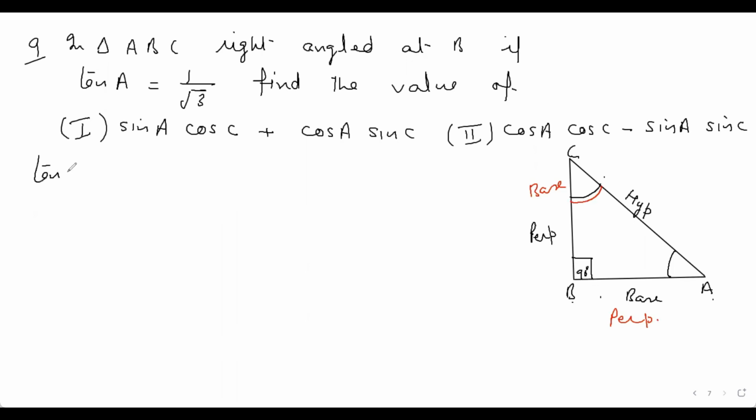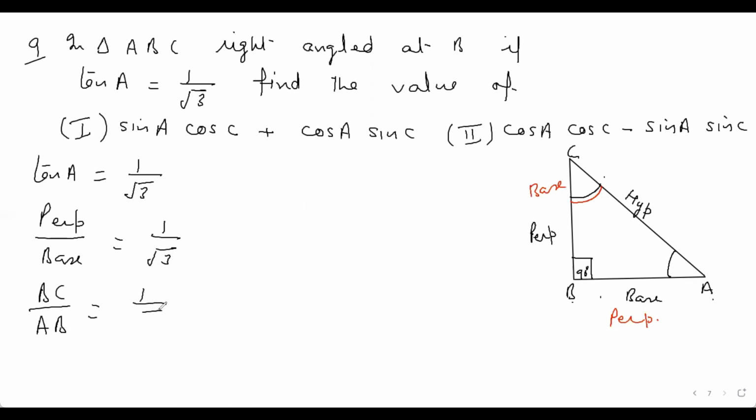Tangent A is 1 by root 3. It means perpendicular upon base is equal to 1 by root 3. Perpendicular is BC and base is AB.